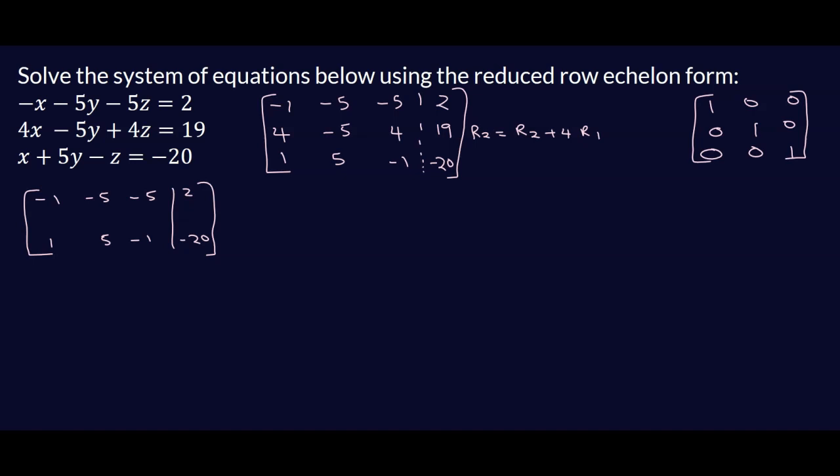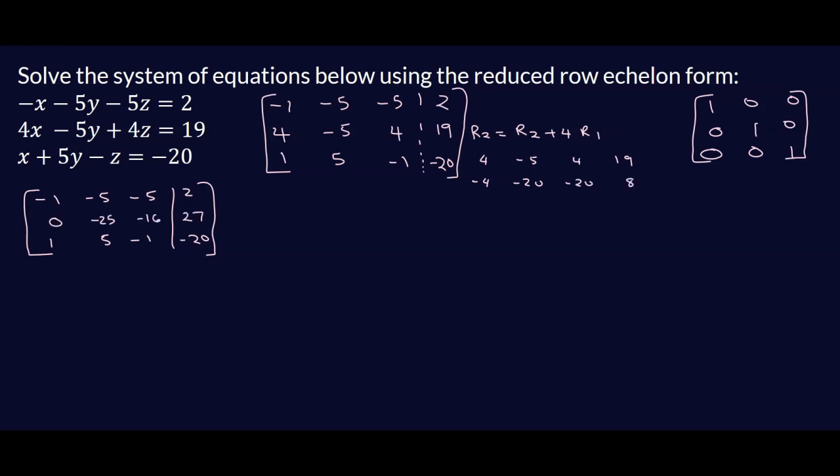Row 2, we have 4, -5, 4, and then we have 19. For 4 row 1 it is -4, -20, -20, and then we have 8. So we're going to add this up. Here we have 0, -5 plus -20, so -25. 4 plus -20, that's -16. And then 19 plus 8, we have 27.